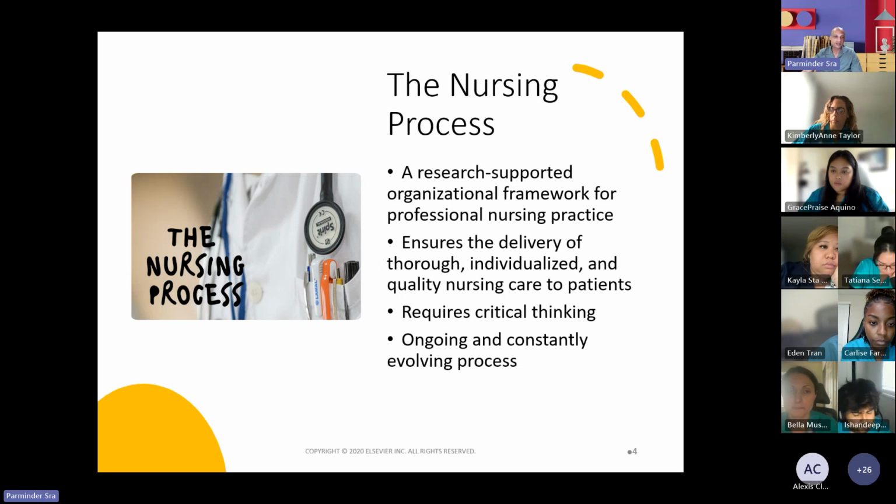Now, assessment. Make sure as a nurse that your assessment is as thorough as possible. Do not ever rush your assessment, because if your assessment is not complete or it's incorrect, your diagnosis will be incorrect. So does your planning, intervention, everything, and evaluation.